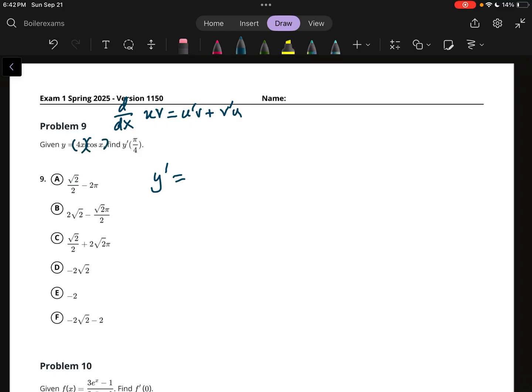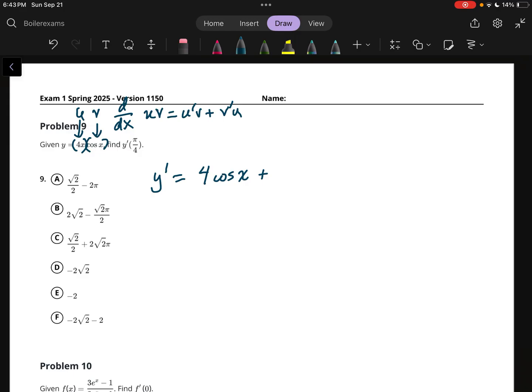So we need to find the derivative of 4x and the derivative of cosine x. Basically I'm going to say that 4x is u and cosine x is v. So the derivative of 4x is 4 by the power rule, and we leave cosine x alone because we just have v. And then now we have v prime u.